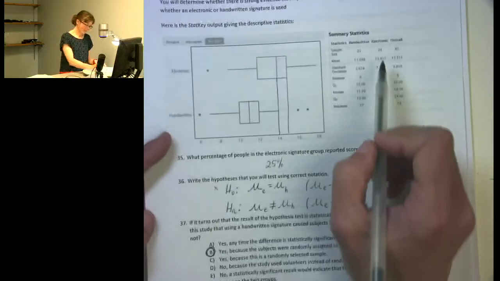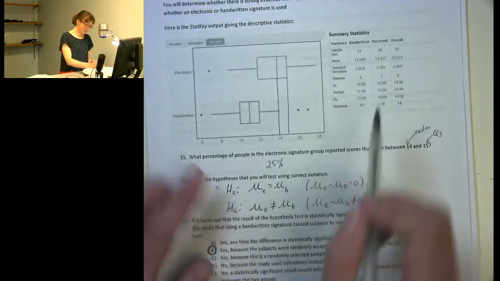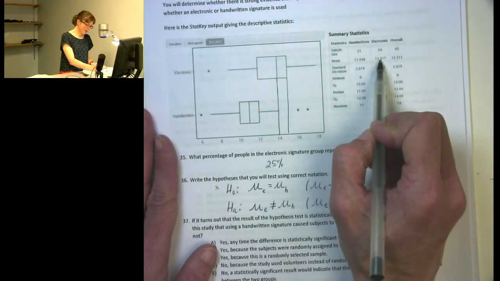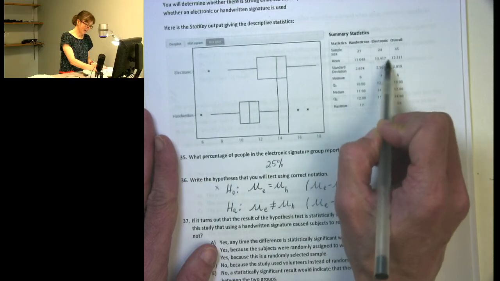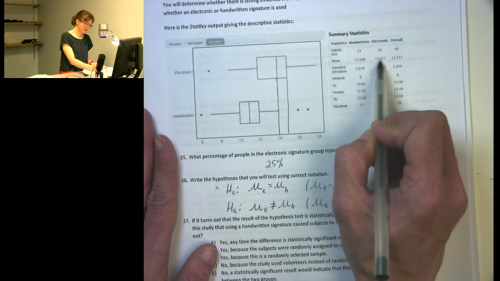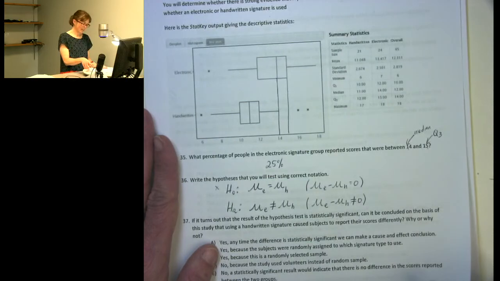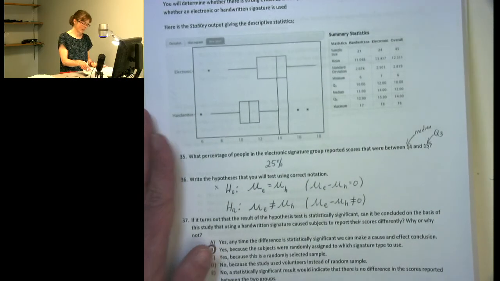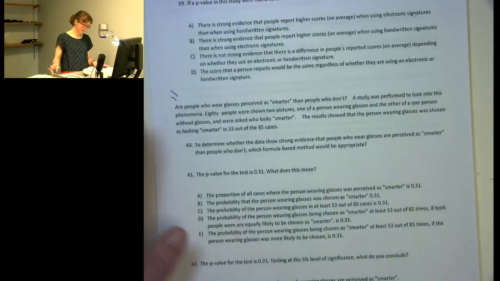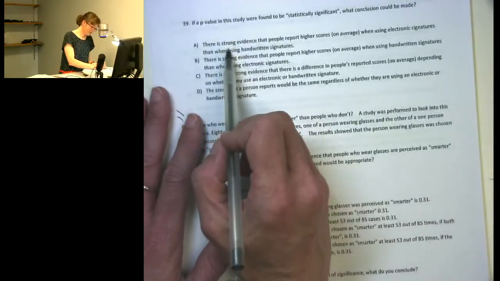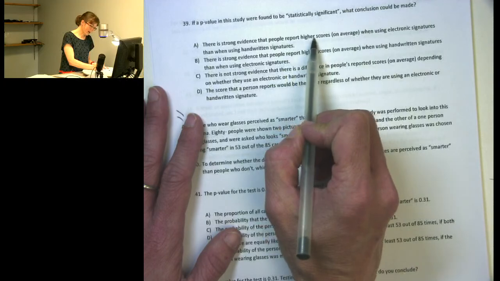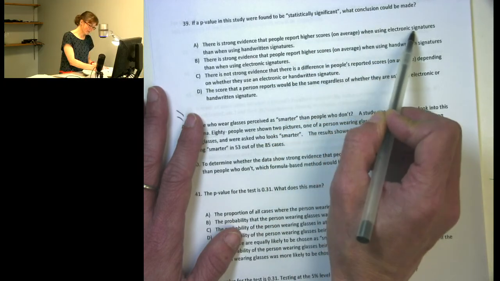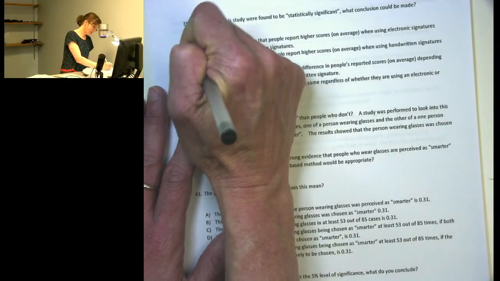And in this case, to see which direction the difference is in, we would need to come back and look and say, okay, well, the average reported score was higher in the electronic group than in the handwritten group, 13.41 versus 11.048. So here I can say there's strong evidence that people report higher scores on average using electronic signatures. That's the correct answer.